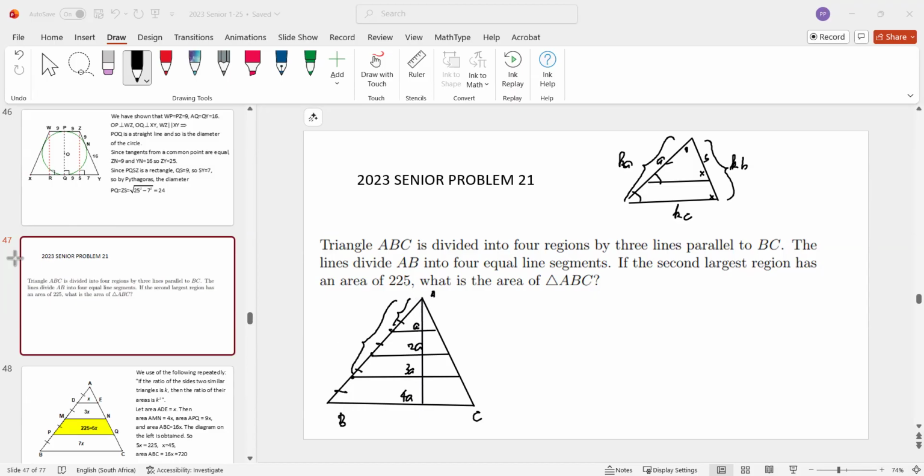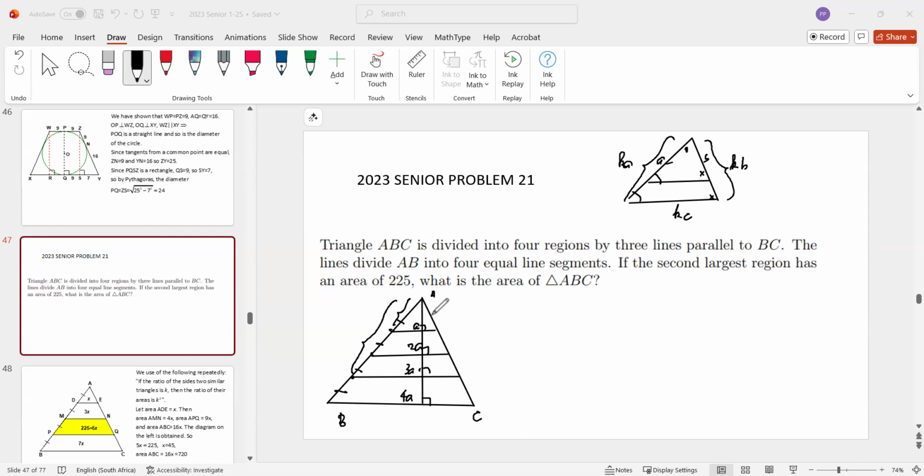And because these lines are parallel, you get all these are 90 degrees. So you know the heights of these triangles.